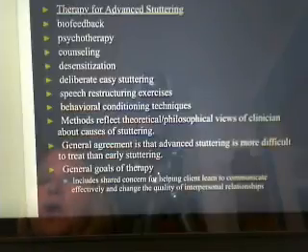Really the goal for adults in therapy for stuttering is to help the client learn to communicate effectively and make sure that they're able to engage in quality interpersonal relationships, accept that they are going to stutter, but even though they do stutter, to continue on communicating and not avoiding life and relationships and situations.